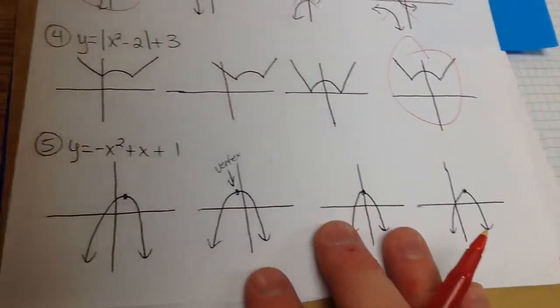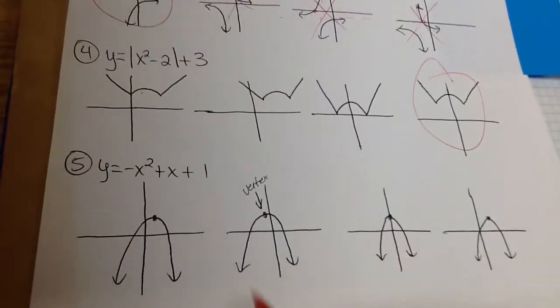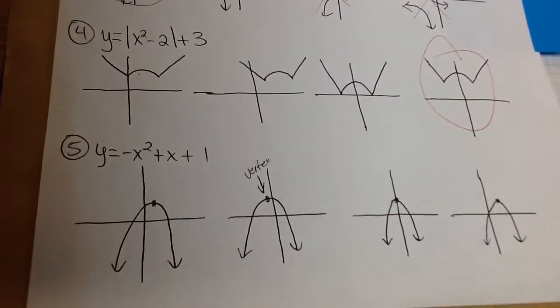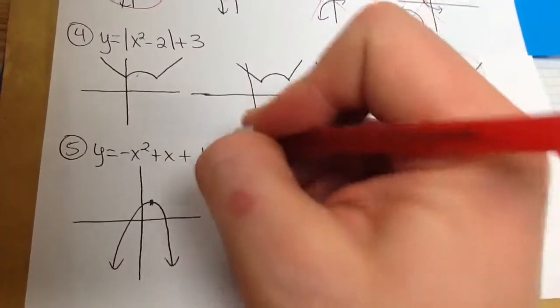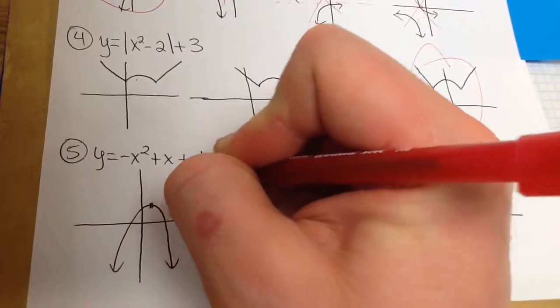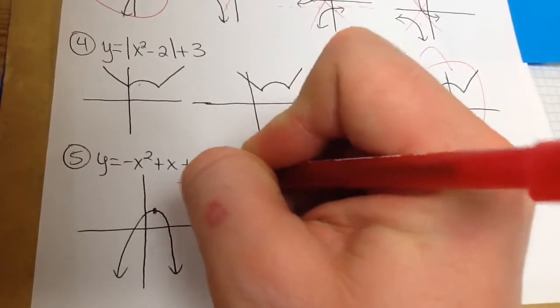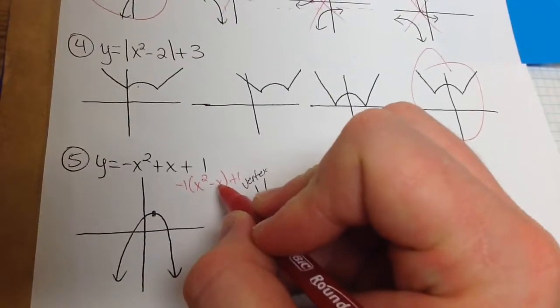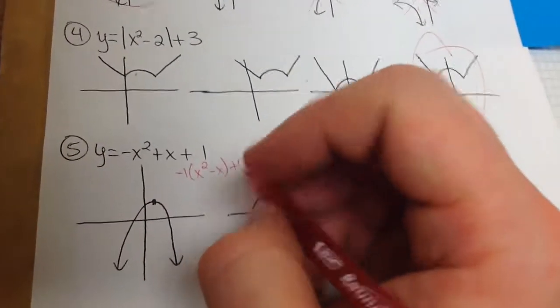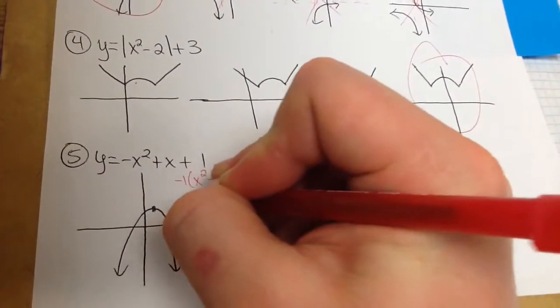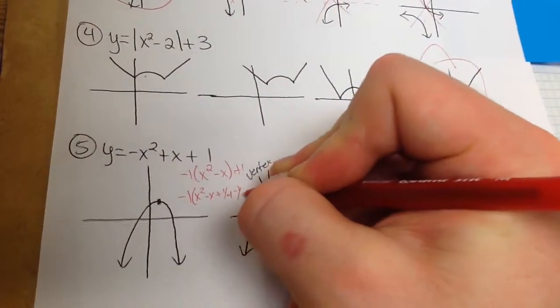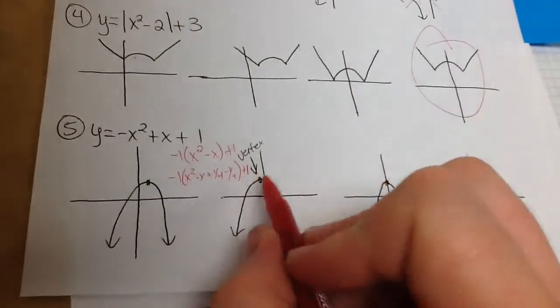Last one you had to do, completing the square. Or I guess you could have done a lot of things, but I would do completing the square. Pull out the negative 1, that leaves x squared minus x plus 1. Half of it, half squared, is a fourth, so I have negative 1 times x squared minus x plus a fourth minus a fourth plus 1.